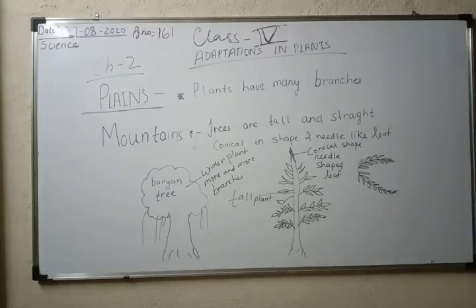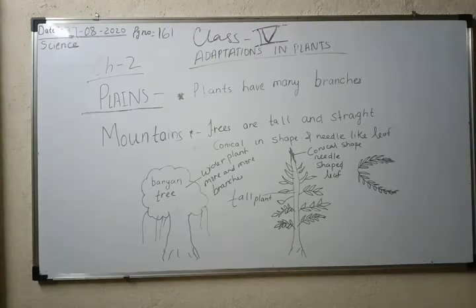Now the next topic is the plains. Just have a quick reading on it. The climate here is moderate. What is a moderate type of climate? Moderate climate is where changes of temperature occur very equally. Like here, we have 3 months of winter season, 3 months of summer season, 2 months of rainy season, 2 months of spring season.